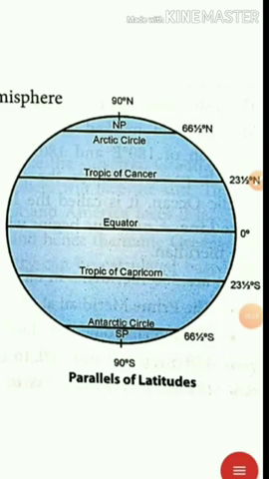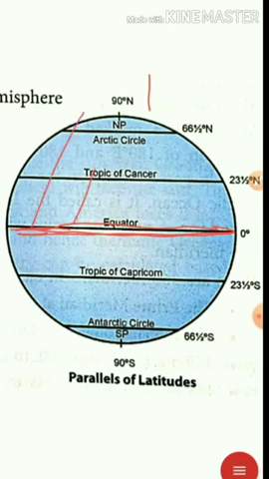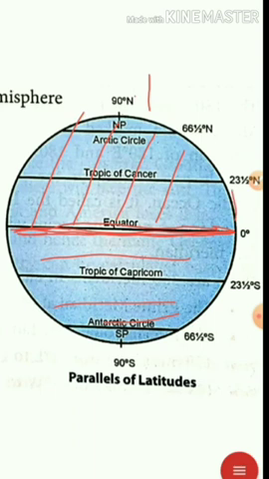At first we have to know that the equator divides the globe into two parts. This part is the northern part, and this is the southern part. From the equator towards the northern pole, this part is known as the northern hemisphere.